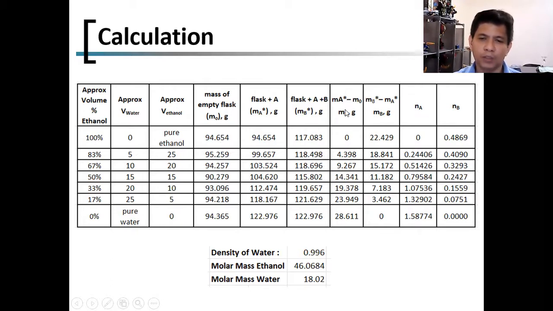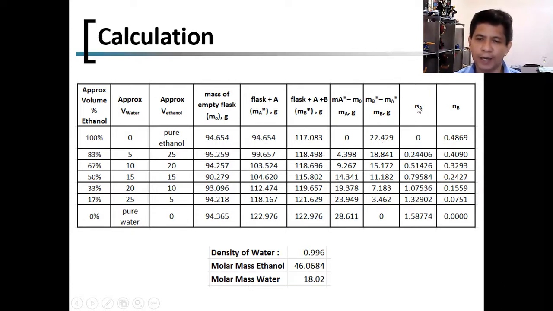To find the weight of water, just subtract this column from this column: 99.657 minus 95.259, so the weight of water is 4.398 grams. To find the mass of B, or the mass of ethanol, it's 118.498 minus 99.657, which is approximately 18.841.